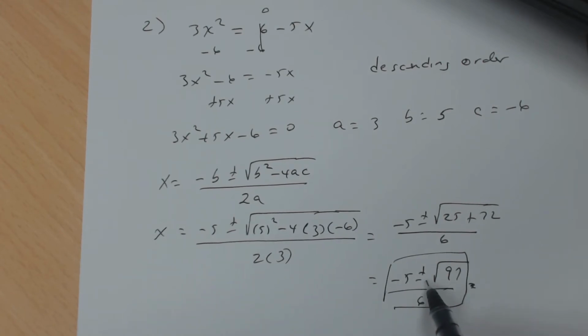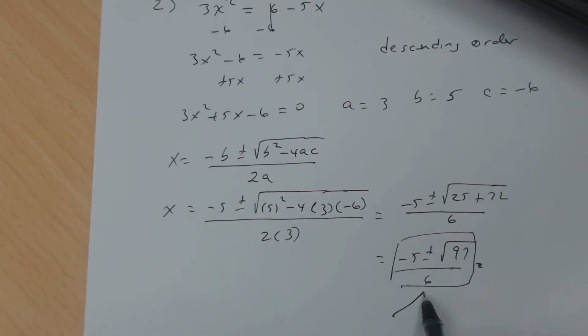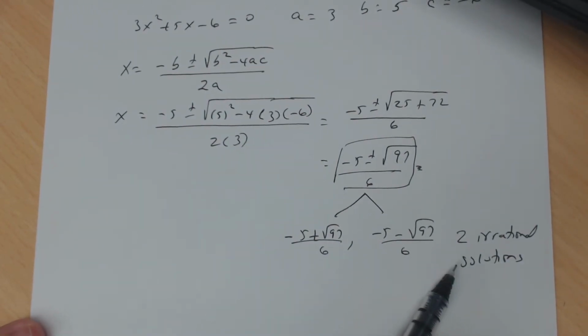Now notice this right here, remember if you separate them, like you would do in MyMathLab, you'd say negative 5 plus the square root of 97 over 6, negative 5 minus the square root of 97 over 6. And so you'd end up with 2 solutions. Remember, the square root of 97 is irrational, so that's two irrational solutions.